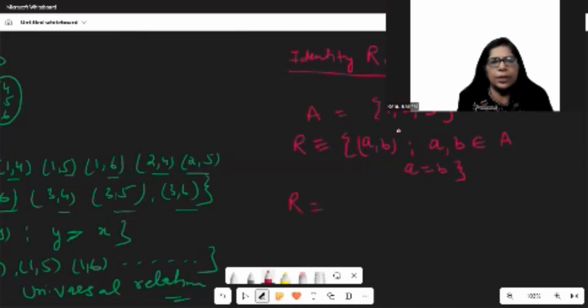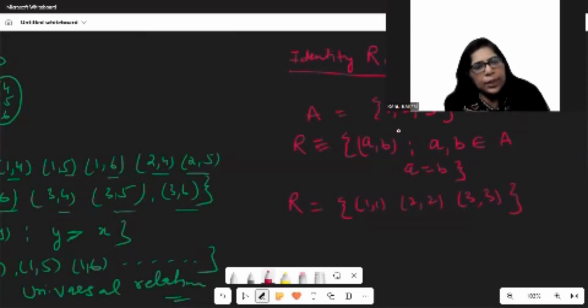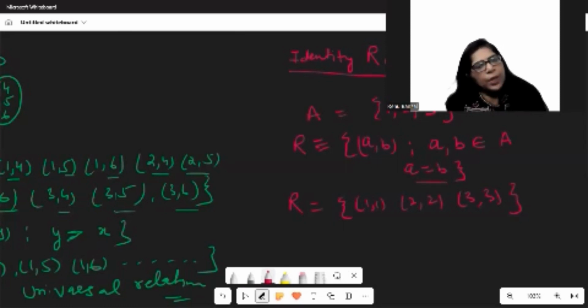Bacha, R is (1,1), (2,2), (3,3). So this is a relation on set A such that a and b belong to A and a equals b.